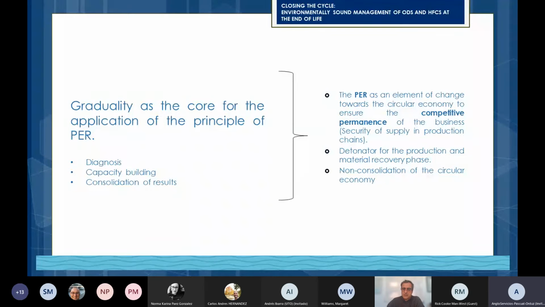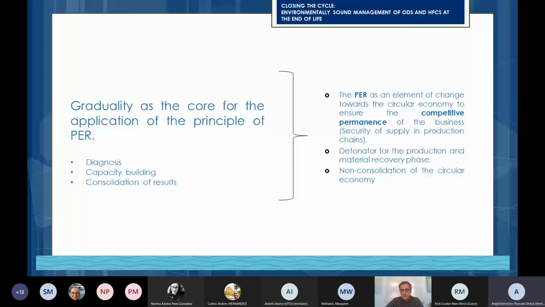We know that because of the pandemic, we have noticed how important it is to ensure supply in all productive chains, and also to see how we can close loops internally.